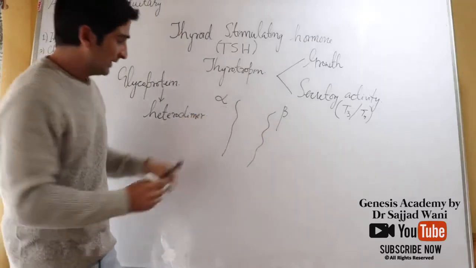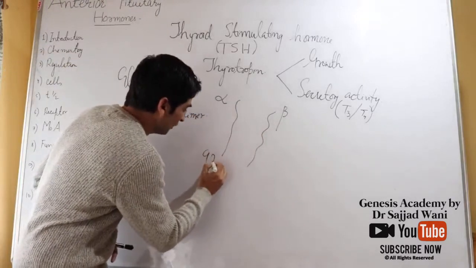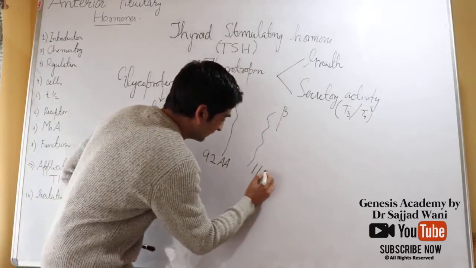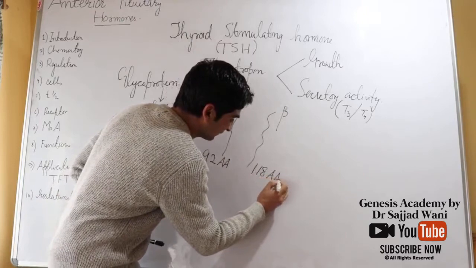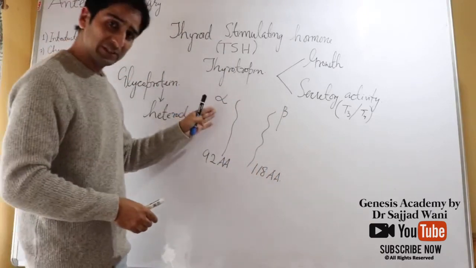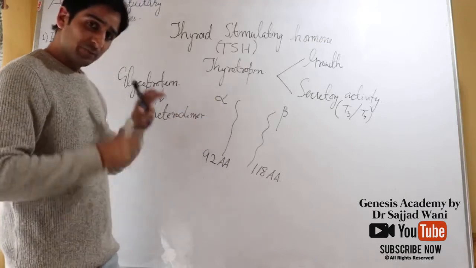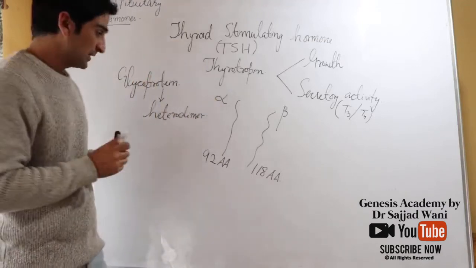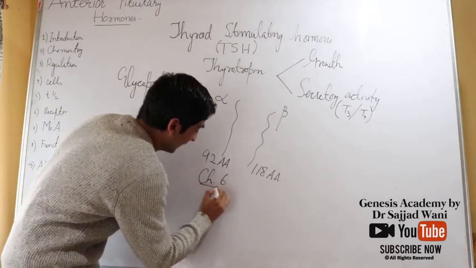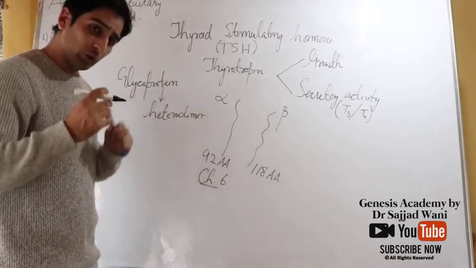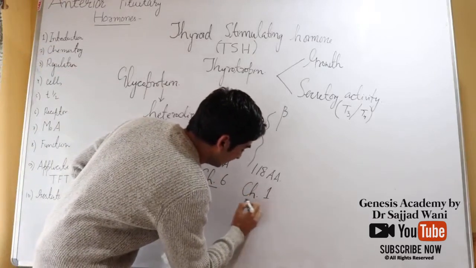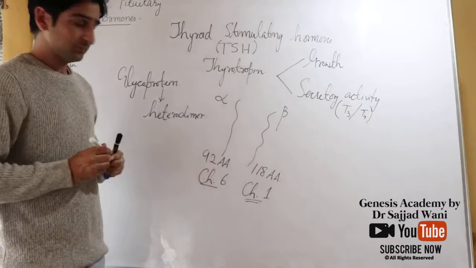So this alpha chain has 92 amino acids, and this beta chain has 118 amino acids. The important thing to remember here is that this alpha chain is coded by a gene which is present on the chromosome number 6 in case of human beings, and this beta chain is coded by a gene which is present on chromosome number 1 in case of human beings.